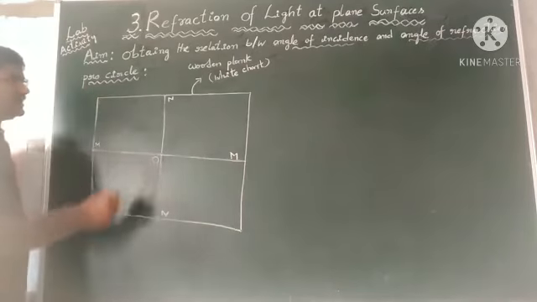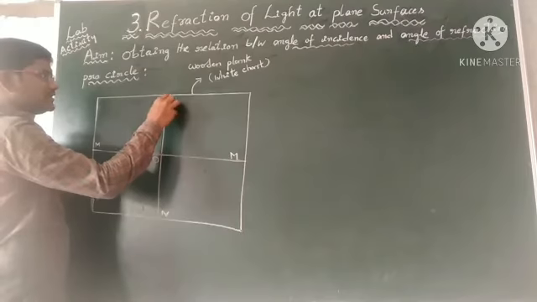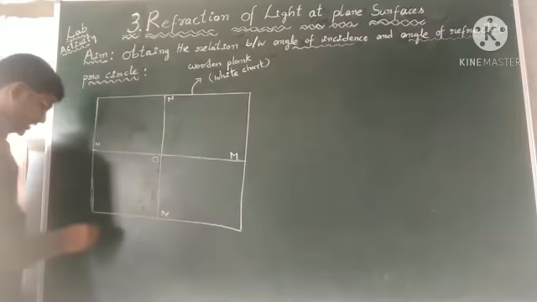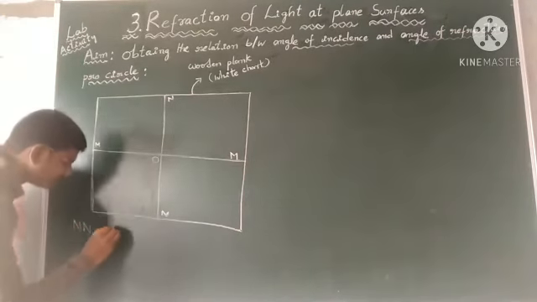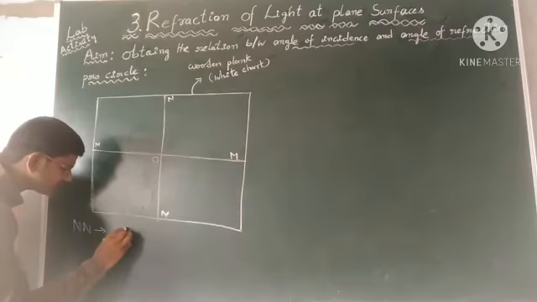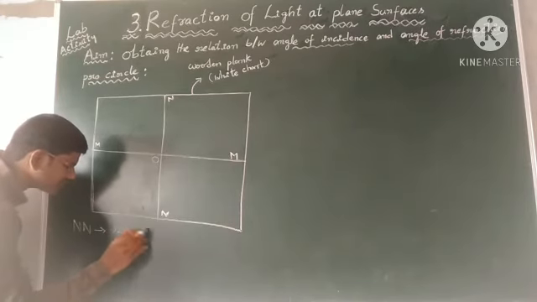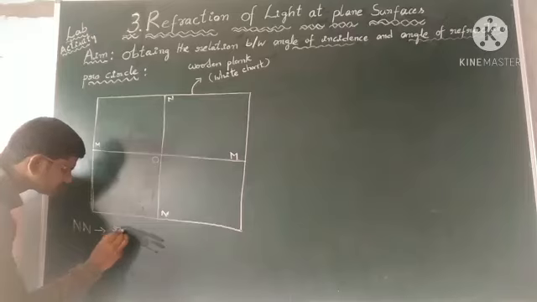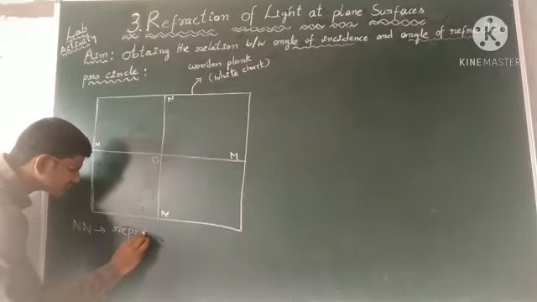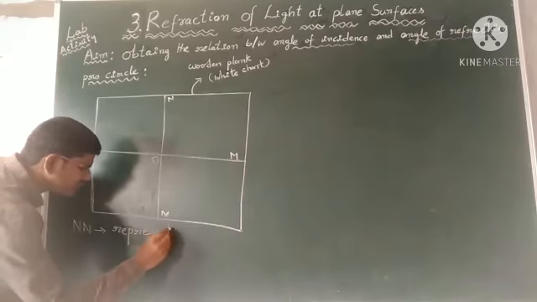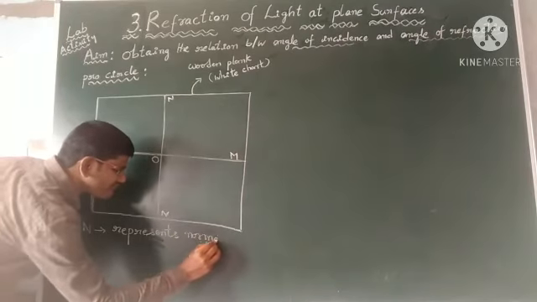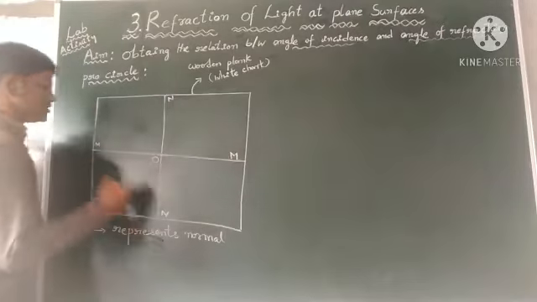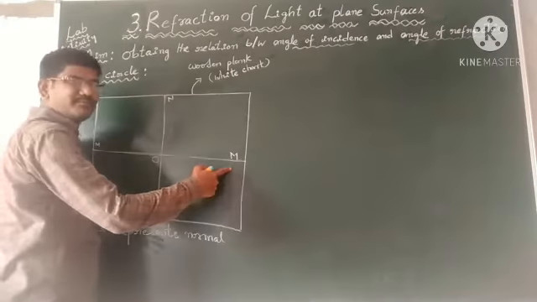And here NN represents normal to the line MM.